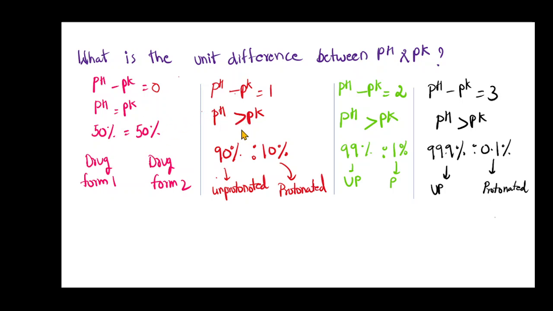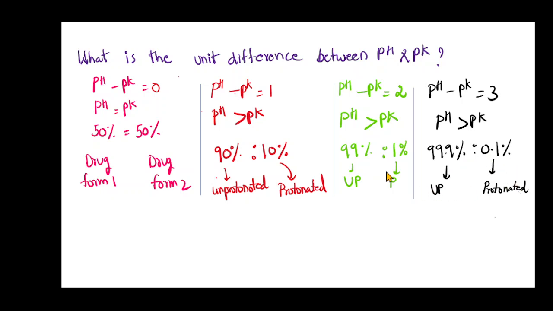If pH is greater than pKa by 1, then 90% would be unprotonated and 10% protonated. If the difference is 2, then 99% would be unprotonated and 1% protonated. If pH minus pKa is 3, then 99.9% would be unprotonated and 0.1% protonated. Sir, how are we saying that?